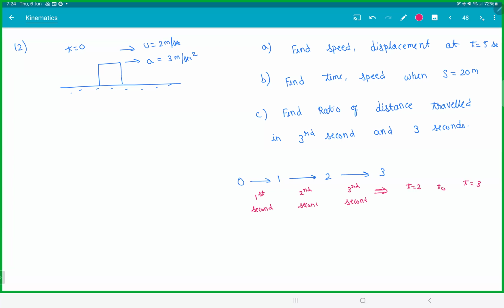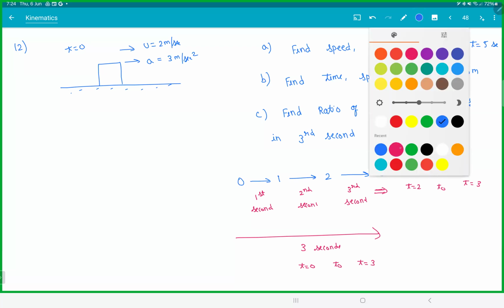If someone says 3 seconds, you're going from 0 to 3. So 3 seconds is simply t is equal to 0 to t is equal to 3. So be careful with that word. Second second, third second, and 3 seconds, the whole answer is messed up. It's a completely different thing. Get them. Simple formula substitution. There's nothing there. First two questions at least.